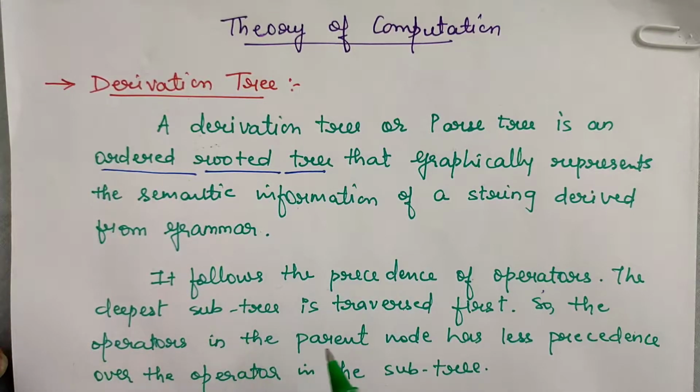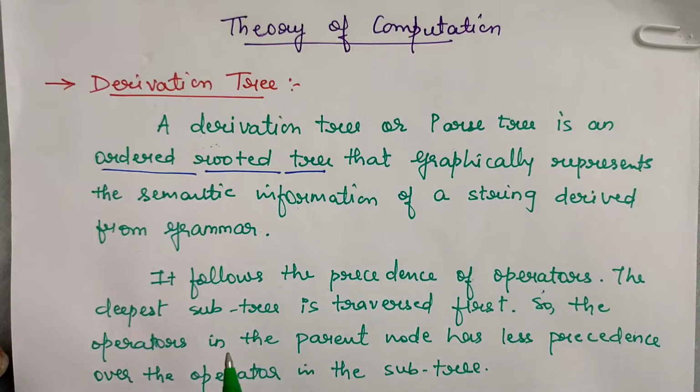So the operator in the parent node has less precedence than the operator in the subtree or in the deep part.